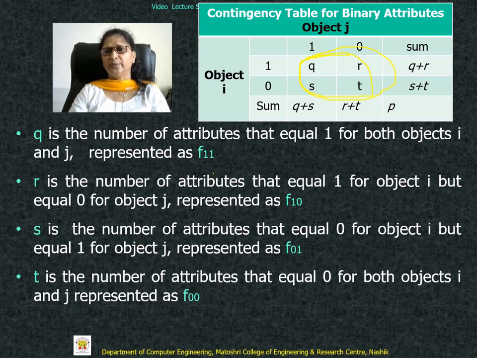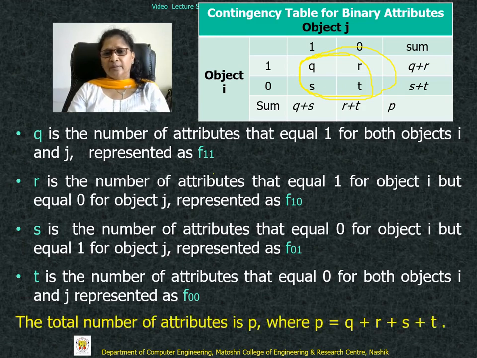You can use any different variable. F11 is also popularly used to represent Q, the number of attributes having both values 1, 1. Similarly, F10, F01, F00, and sometimes M11, M10, M01 and M00. We shall be using this contingency table for computing the proximity.